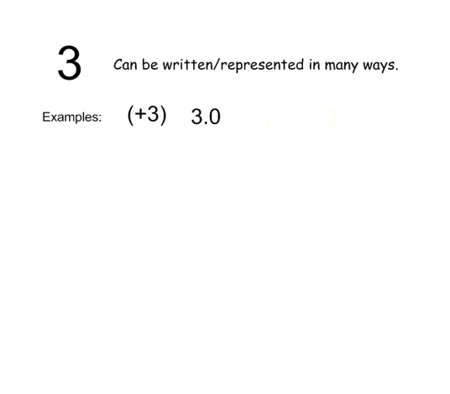It can be written as a fraction, 3 over 1. And finally, it could just be written as a 3. These are all the ways we can represent that first digit, 3. You can press pause if you need to write this down.